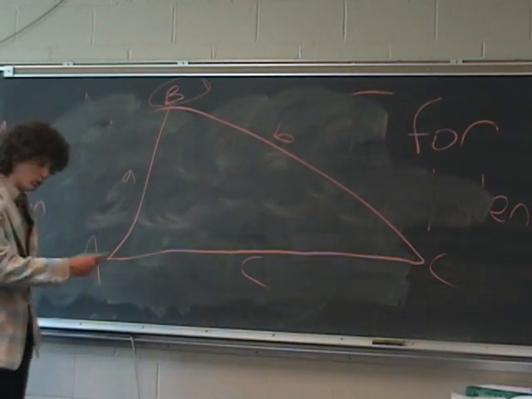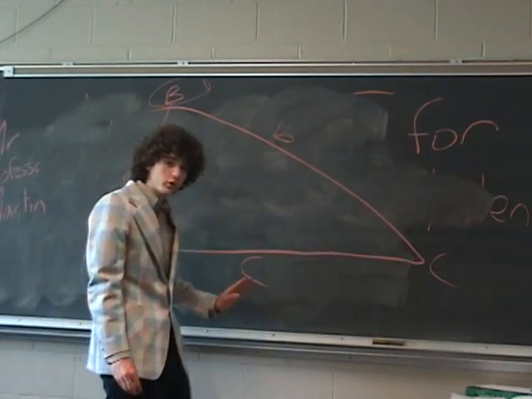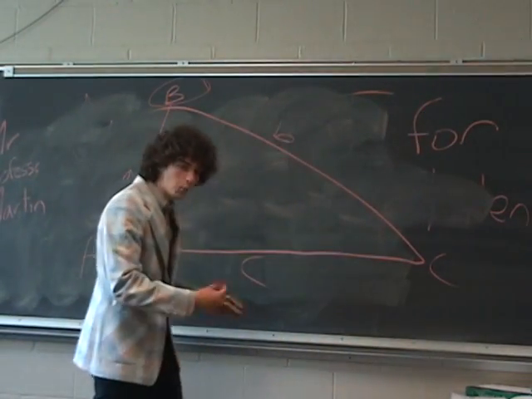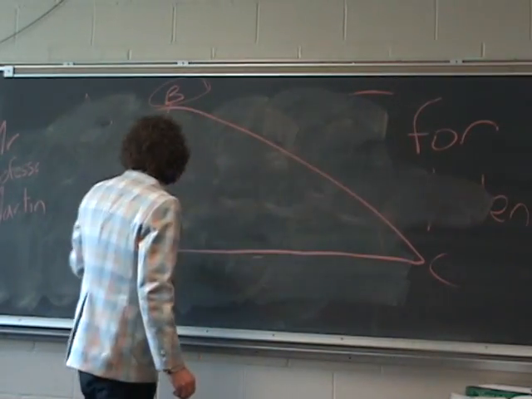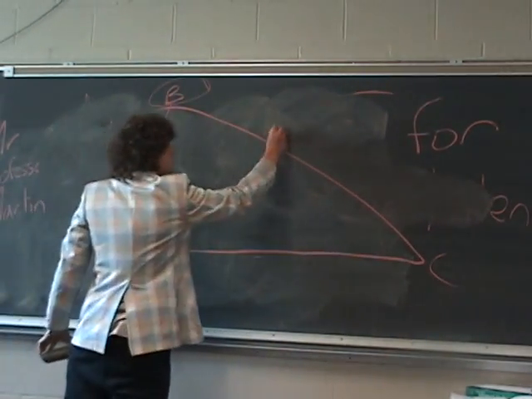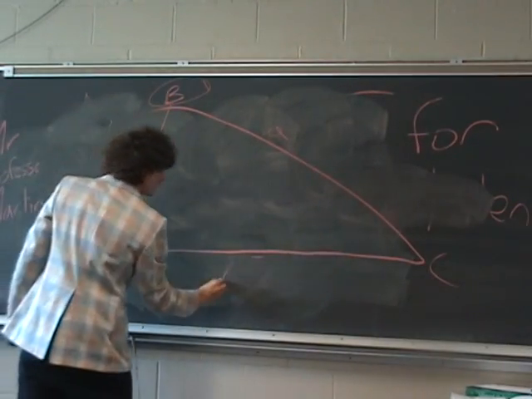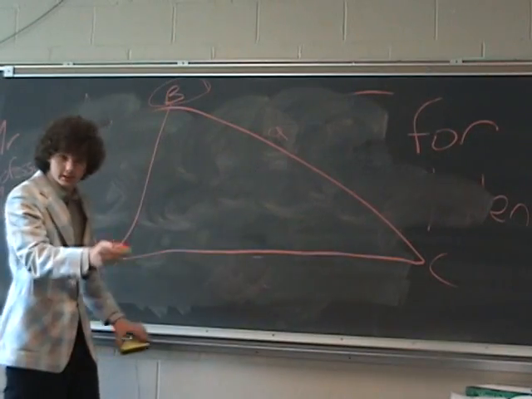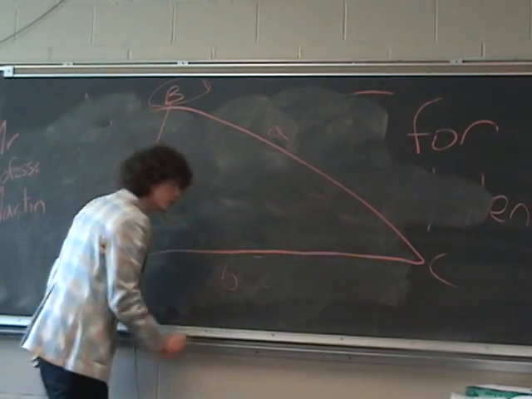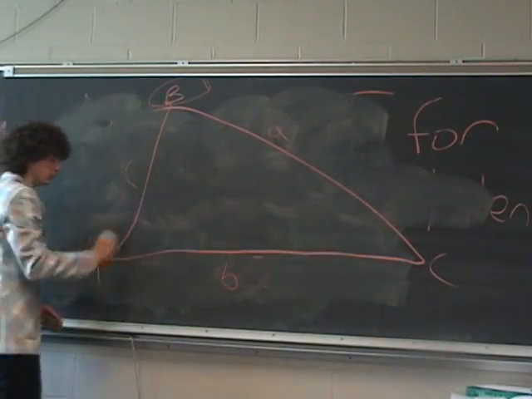Yes, I was actually testing you with the labeling. If I were to label it correctly, how would I label it? I believe the little a would go across from the big A, the little b across from the big B, and a little c across from the big C.